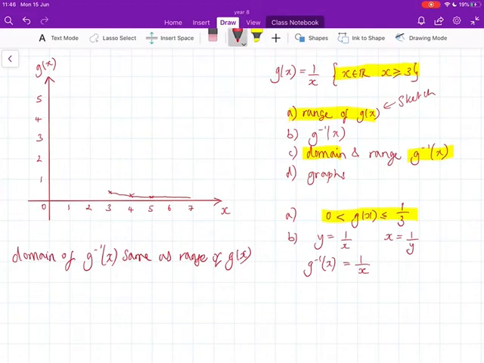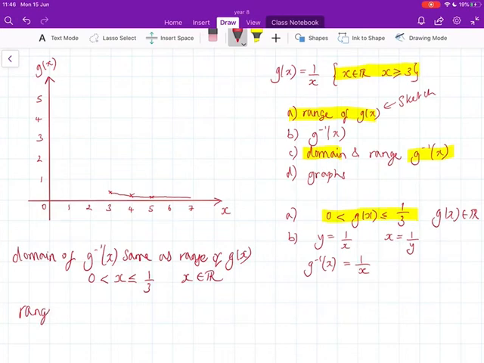Now we've just worked out the range of the original function here. That was the range of g of x, so that will be the same as the domain of our inverse. So that means the values for our inverse, x can take any value greater than 0 and less than or equal to 1/3. Now we probably should have put here, g of x can be any real number, and similarly x can be any real number there.